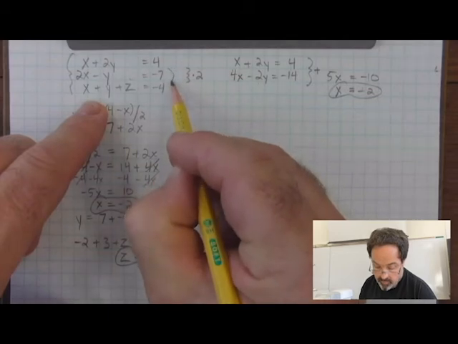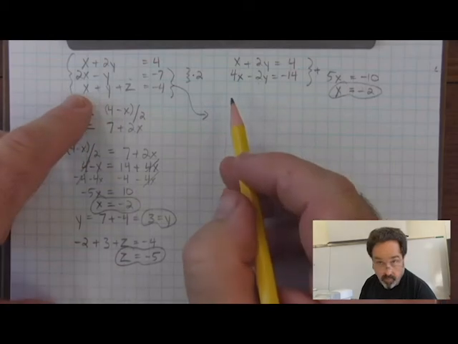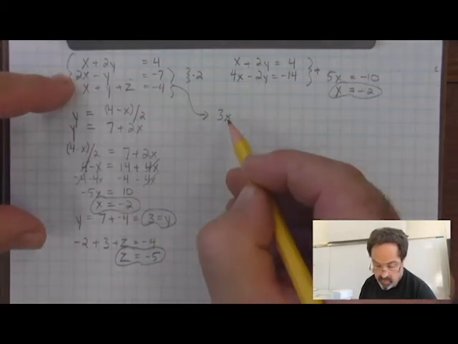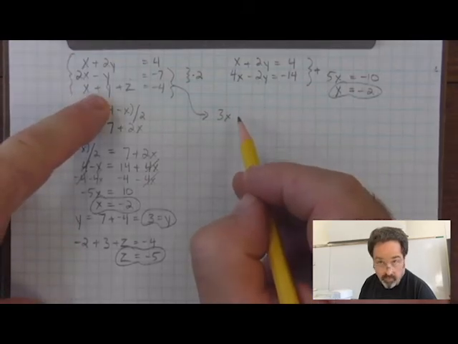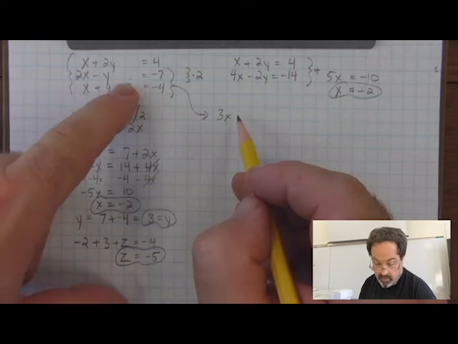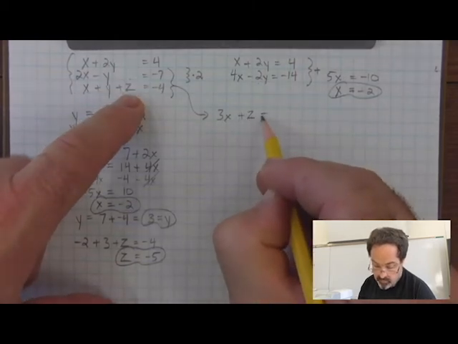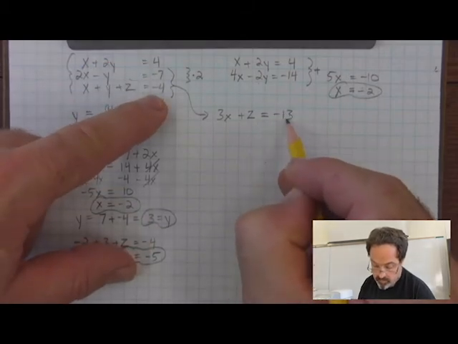These two equations added together will form the equivalent equation. 2x plus x is 3x. Negative y plus y is 0, so I'm not going to write it. And 0 plus z is equal to negative 7 and negative 4, which is negative 13.